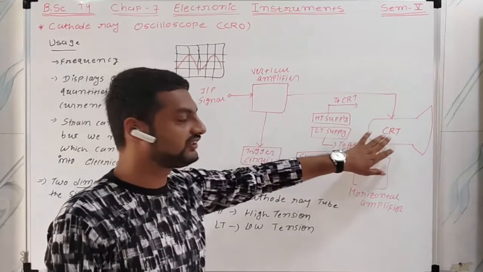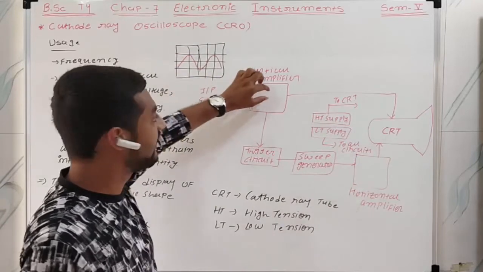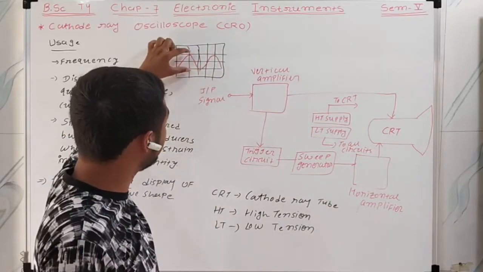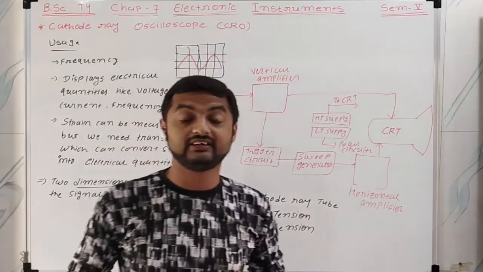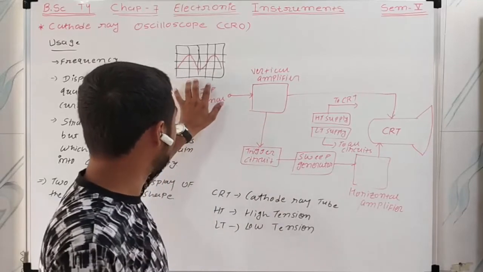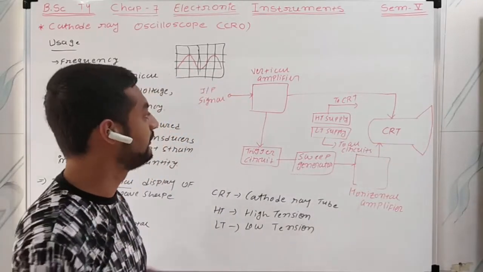At the CRT, by using knobs, you can increase or decrease its height. By turning the knob provided, you can decrease and increase its height. That can also be seen directly in the CRT.